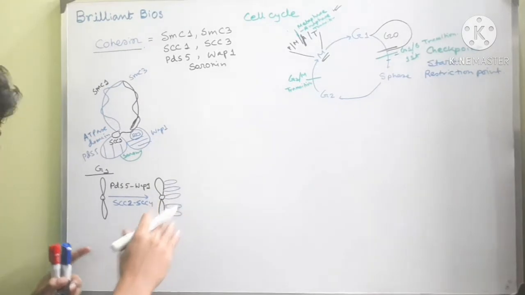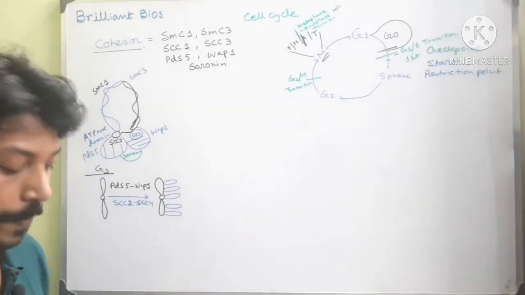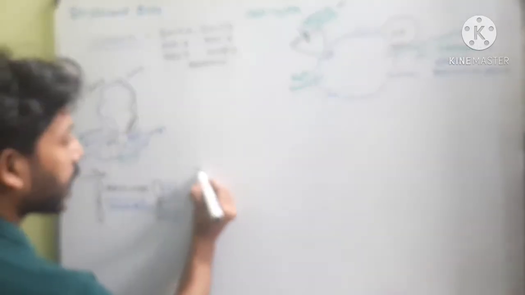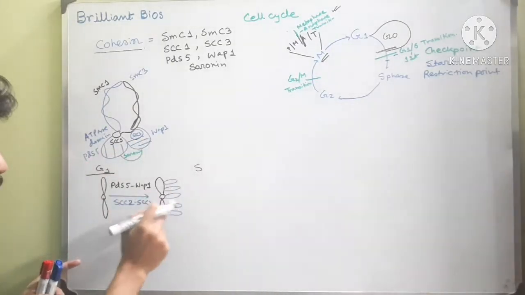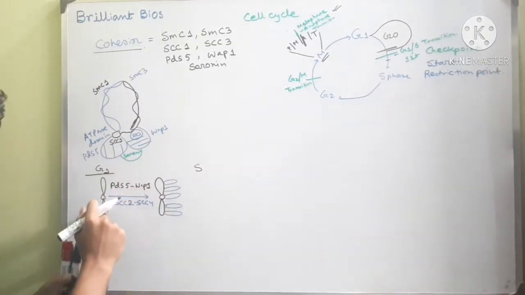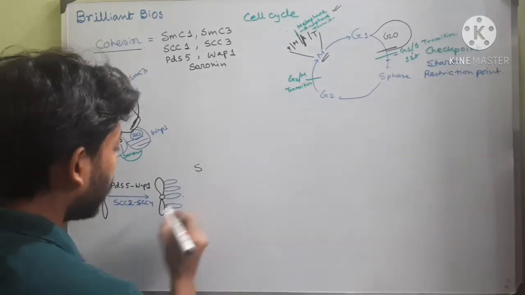This cohesin does not have cohesive activity now, but in the S phase it gains the cohesive activity. In that phase you can see here PDS5 and WAPL are present, so this can be reversed.